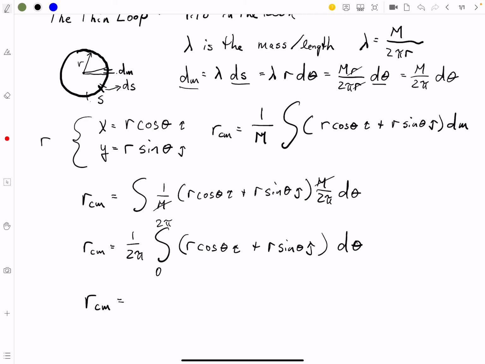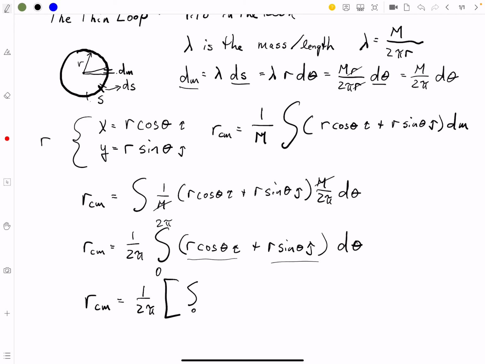R_CM equals 1 over 2 pi. Now here's the thing, we can't do the integral together. We need to do this integral and we need to do that integral and then add those two things together. All right, so that's what we're going to do.